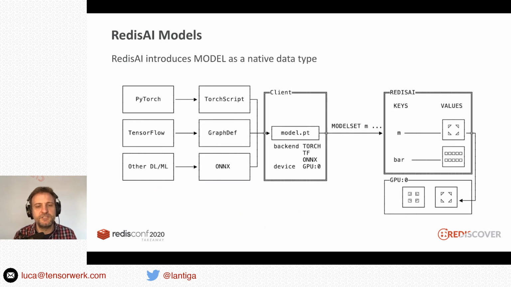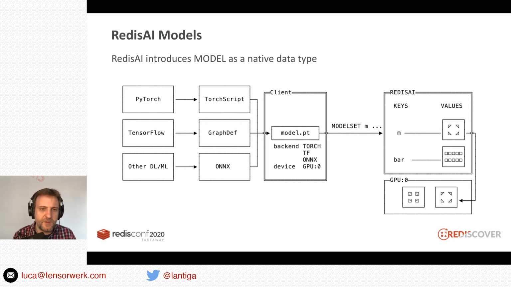For models, the situation is actually simple on the RedisAI side, because once you have a serialized model, it's really easy to set it into a key and have that key correspond to that model, and assign it a device, for example a GPU, so that it will be transferred to the GPU and kept hot on the GPU for use.